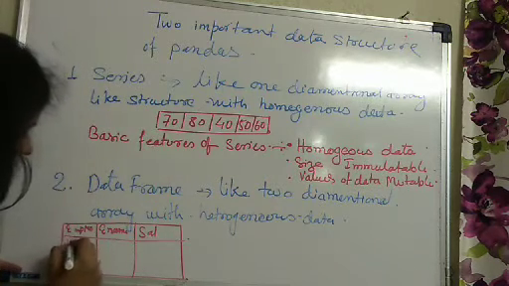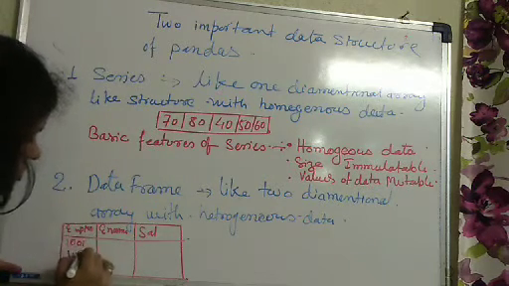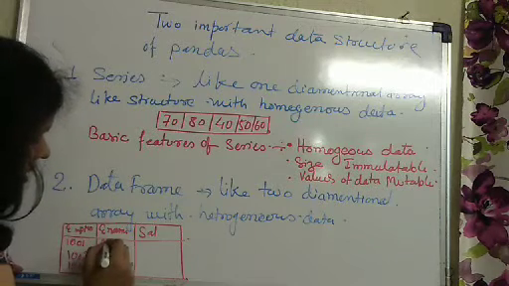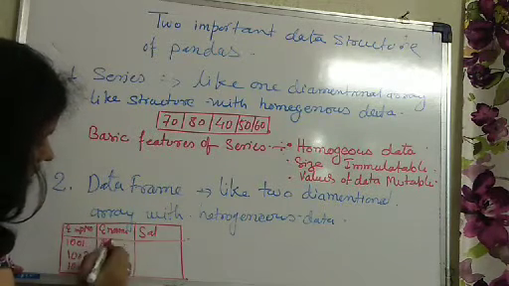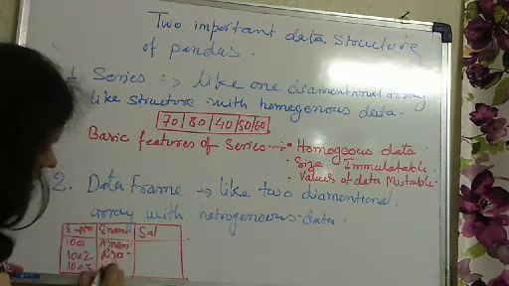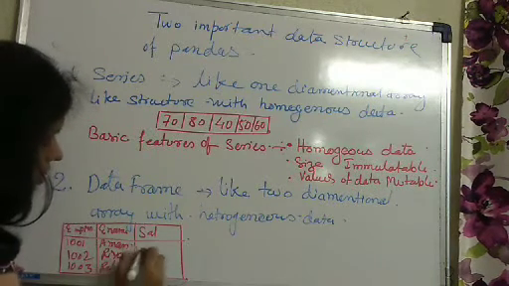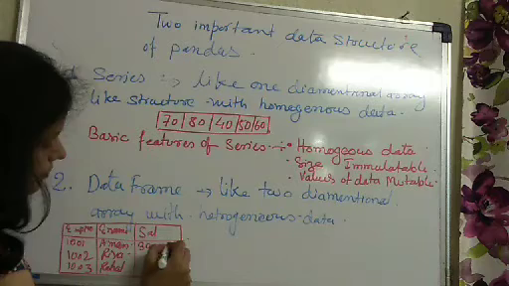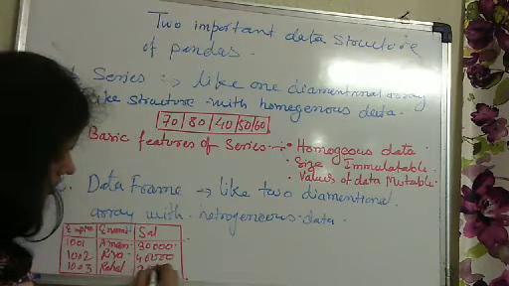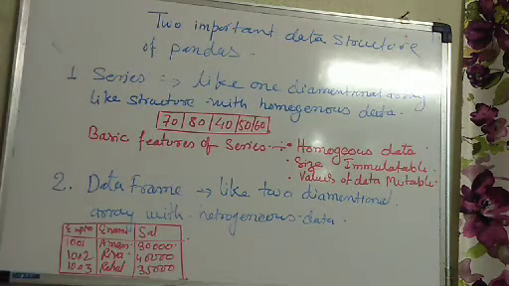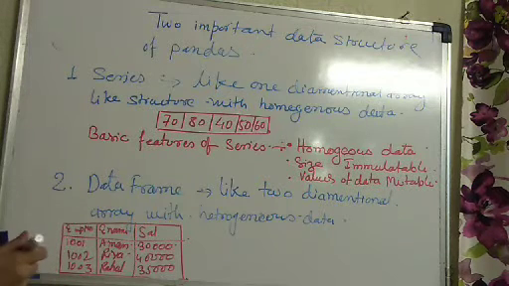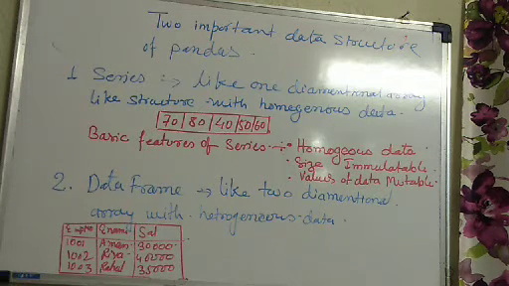Now 1001, 1002, 1003, names Aman, Ria, Rahul, and salary. So this is the two-dimensional array. Clear? This is the two-dimensional form of the array.